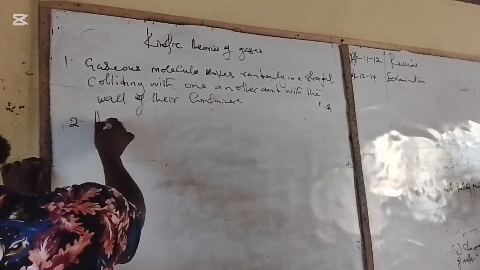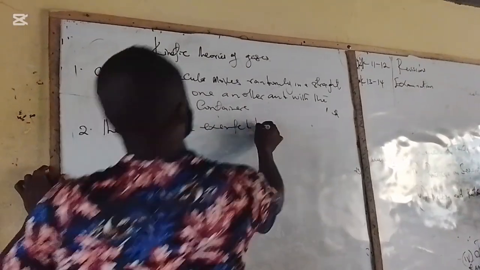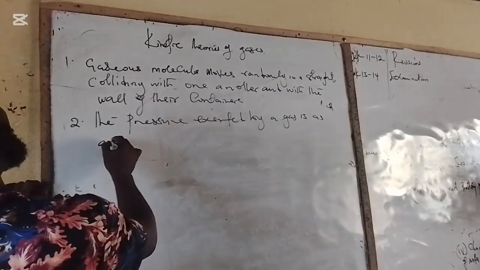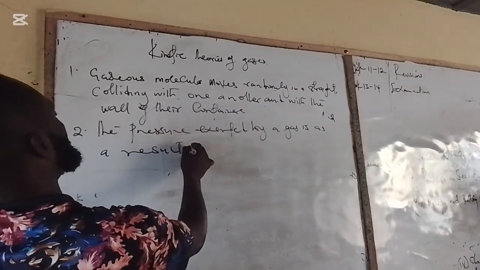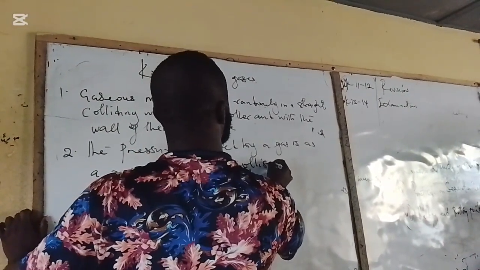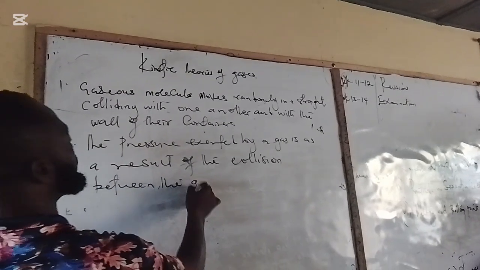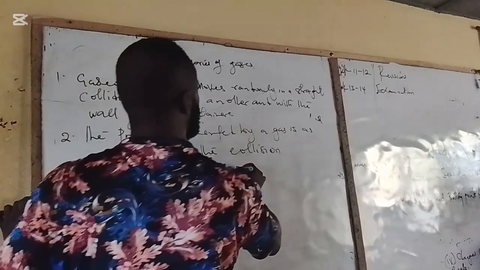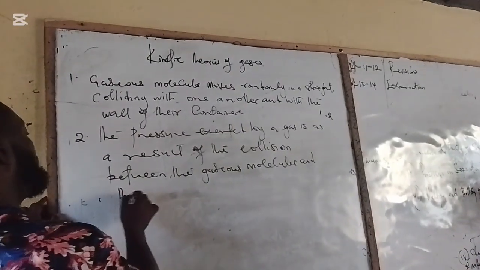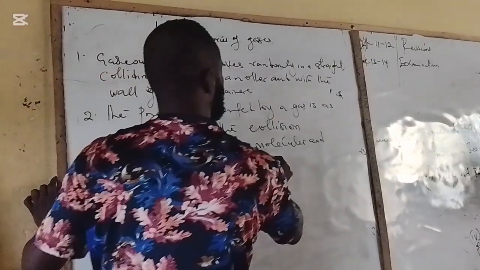Number two, the pressure exerted by a gas is a result of the collision between the gaseous molecules and the wall of their containers.